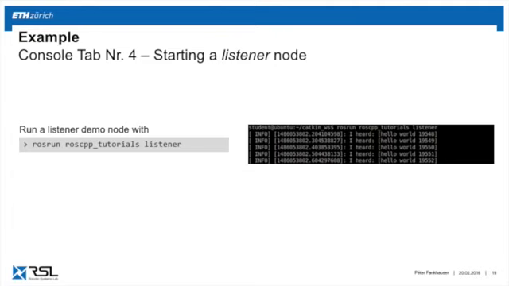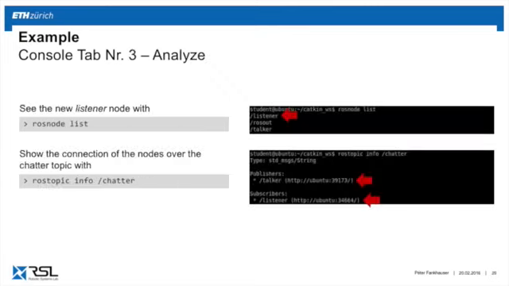Now to see that these two nodes are working together, you can leave them running and go back to your console number 3, where you analyze things. And then you can, again, use the same command as before, rosnode list. Before we only had the talker. Now you'll also see that you started the listener and you have these two nodes running.